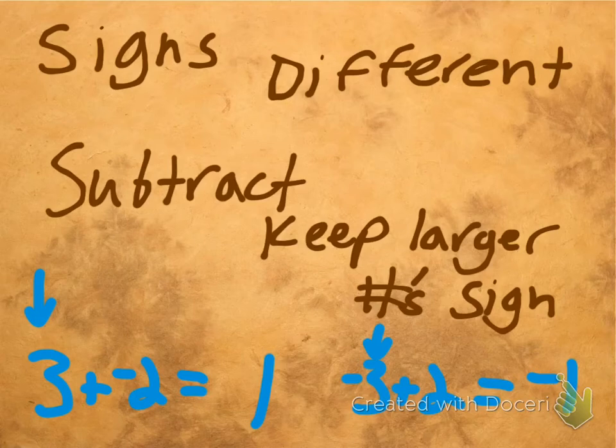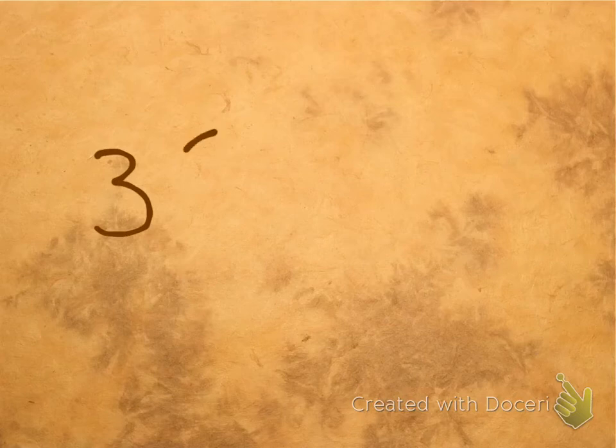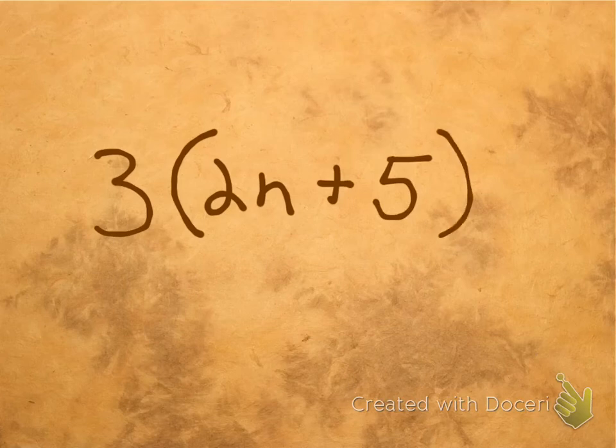Now, the other thing that we're going to learn today that's brand new is called the distributive property. You've never done this, so it's important that you pay attention. An example of the distributive property would be something like 3 parentheses 2n plus 5. What operation is happening right here? It's multiplication.